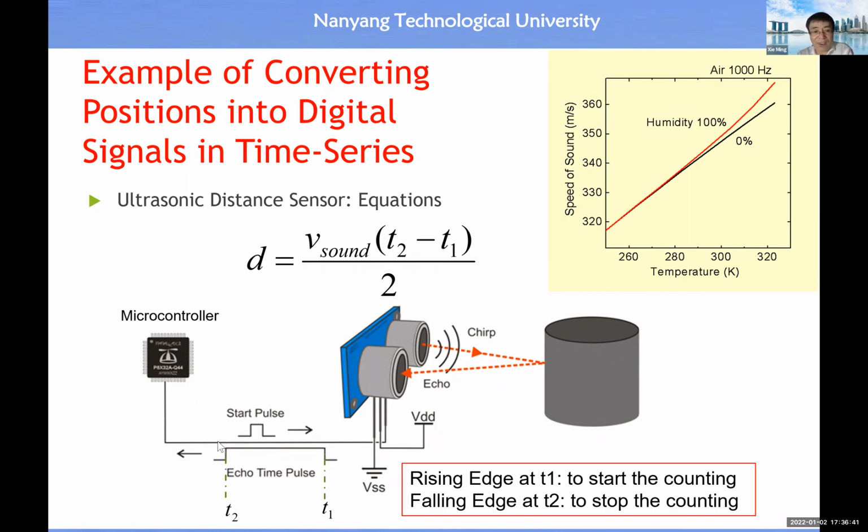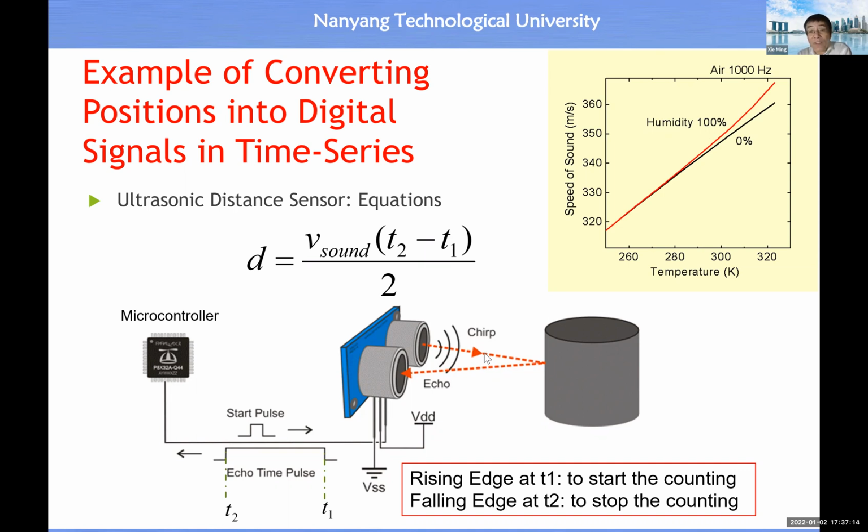So we look at the time direction in this way, T1, T2. T1 corresponds to the rising edge, which tells the microcontroller to start the counting. Then the falling edge at T2 tells the microcontroller to stop the counting. Based on the counting value, we should be able to calculate the value of T2 minus T1.